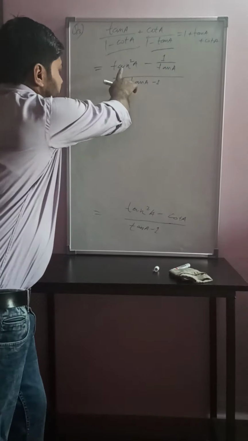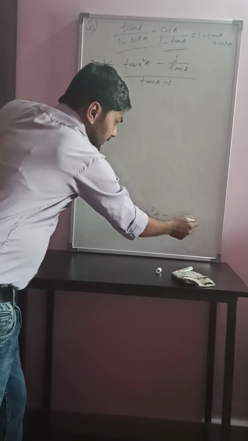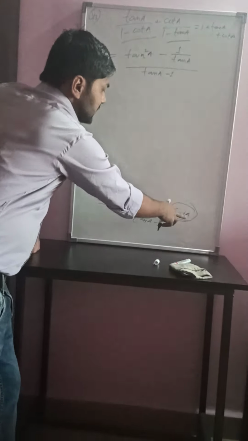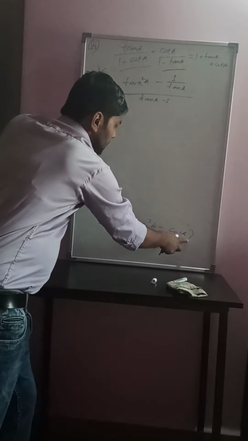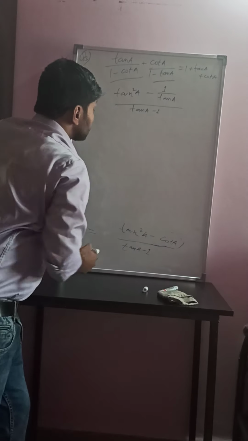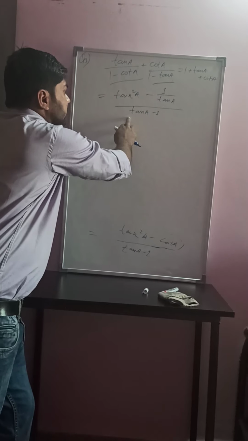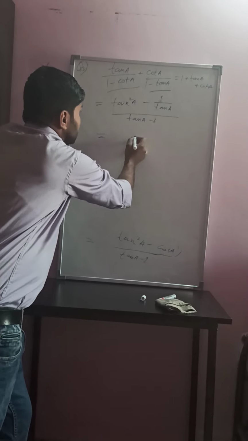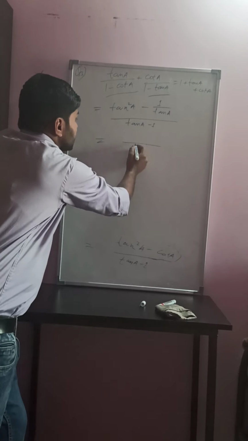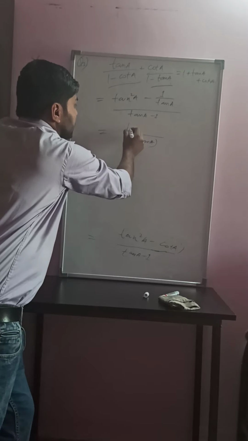Yeah. So here we have written tan A square minus 1 upon, what I have done here, cot A, I just made it the inverse, 1 upon tan A. So it becomes tan A square minus 1 upon tan A, and we have divided by tan A minus 1. So just make it the common denominator. What will I get here? We'll get tan A, so it will be tan cube.